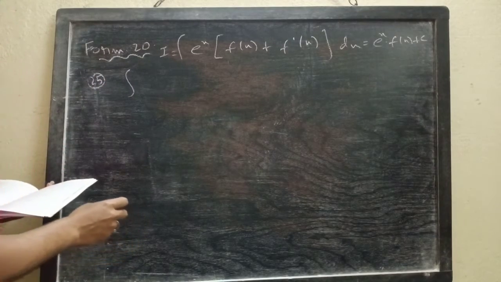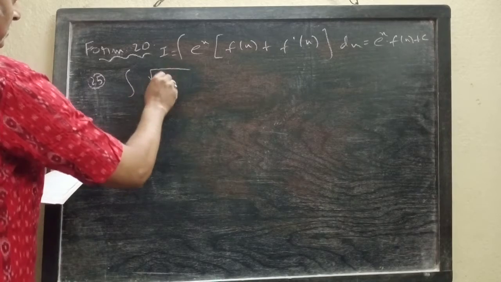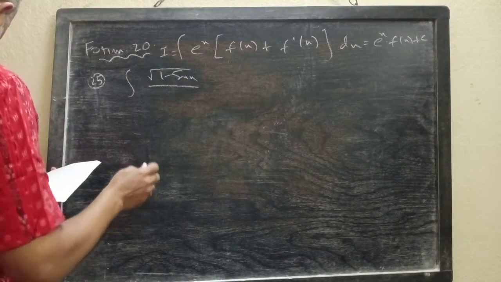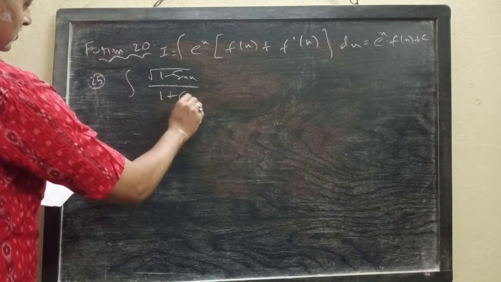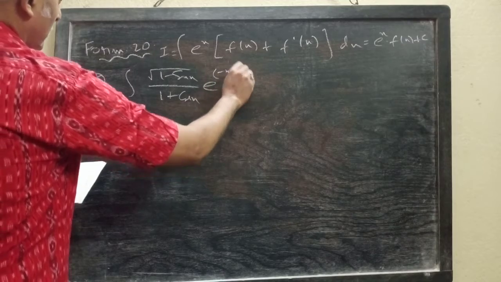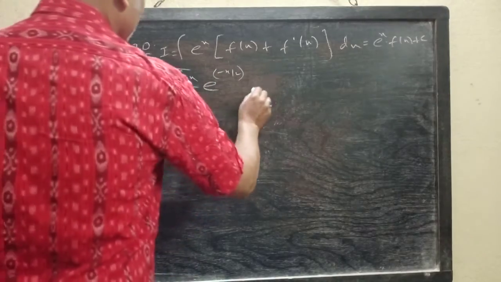Integration root over of 1 minus sin x by 1 plus cos x into e to the power minus x by 2, then dx.